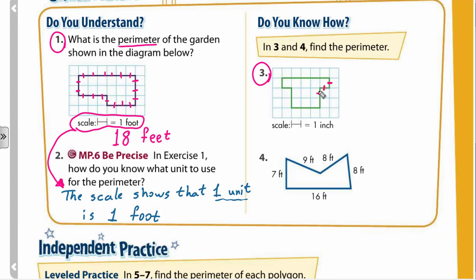So now 1, 2, 3. Continue. 4, 5, 6, 7, 8, 9, 10, 11, 12, 13. I counted till now 13.